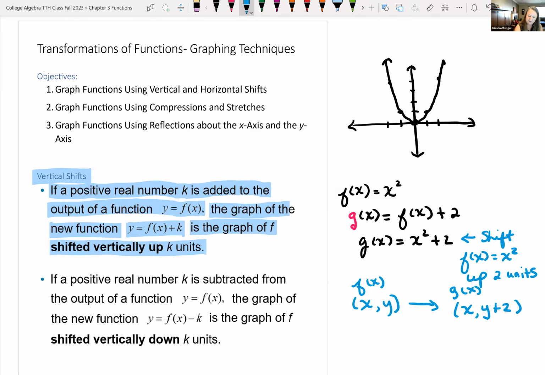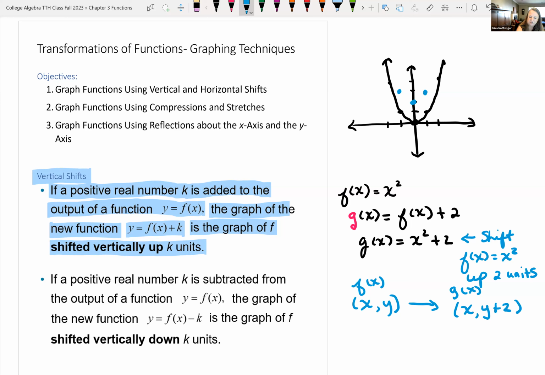So my point 0, 0 that was on the function x squared, that point would now be 0, 2. My point 1, 1, shifting that up 2 units, is now going to become 1, 3. -1, 1 will now become -1, 3.